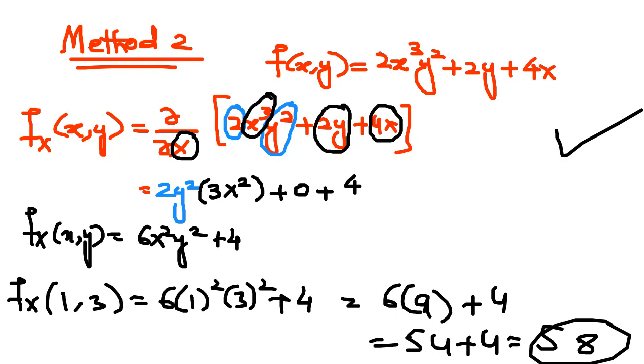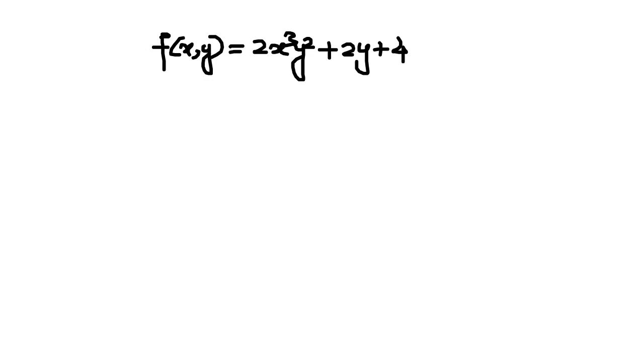Similarly, we can find the partial derivative with respect to y. See, the function is given. This is the function. Okay, now with the same method 1 and method 2, I will explain. Now you have to find the partial derivative with respect to y.